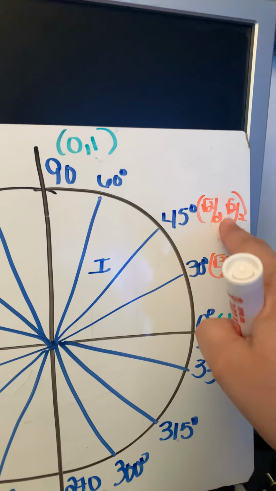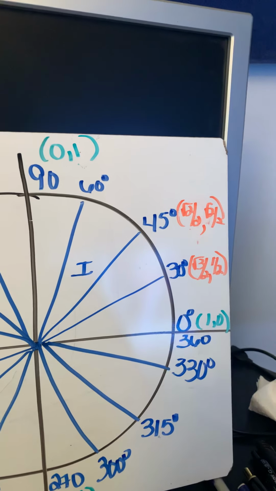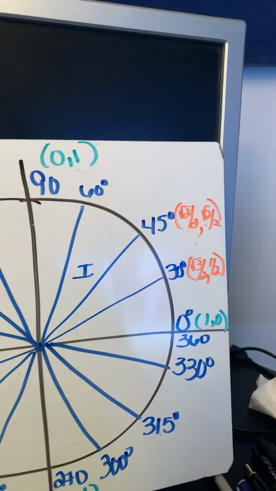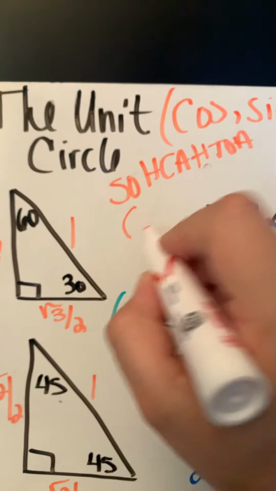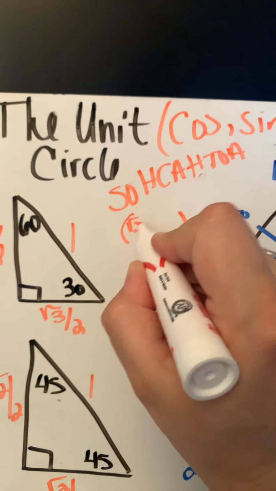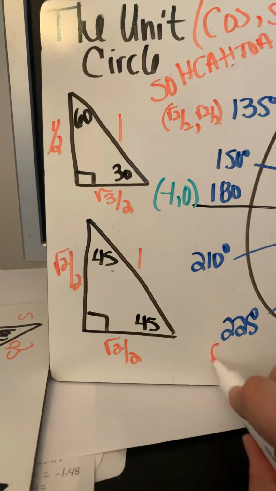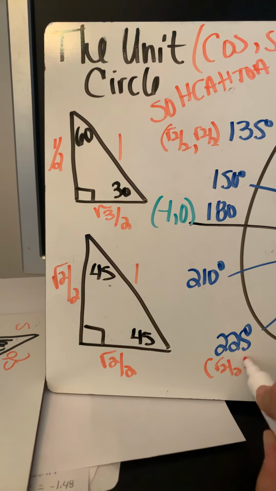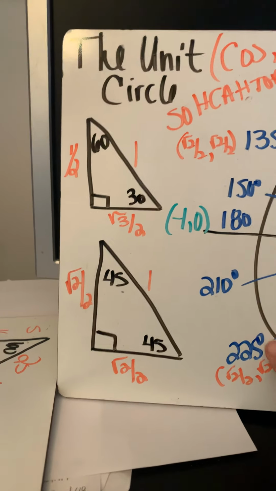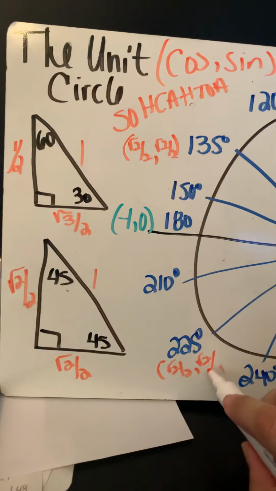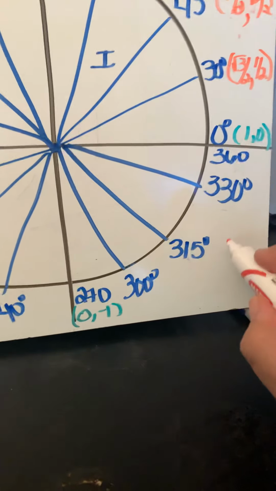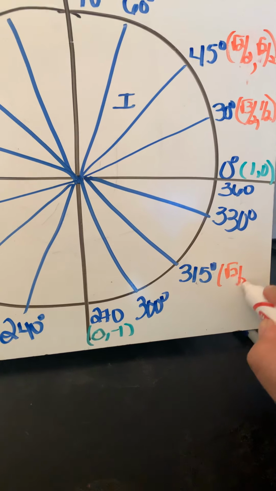So when I'm going around my unit circle, I'm going to go to everything that's 45. So I know that this one here is root 2 over 2, this one here is root 2 over 2, and this one here too.